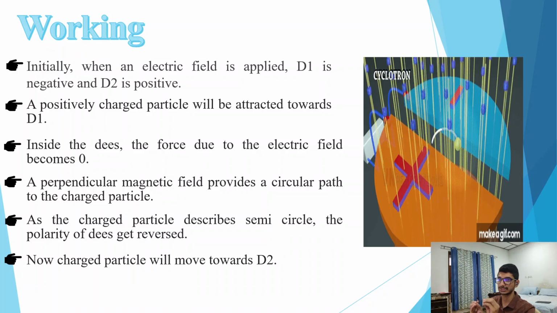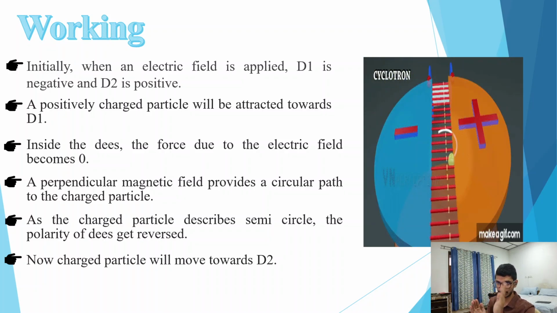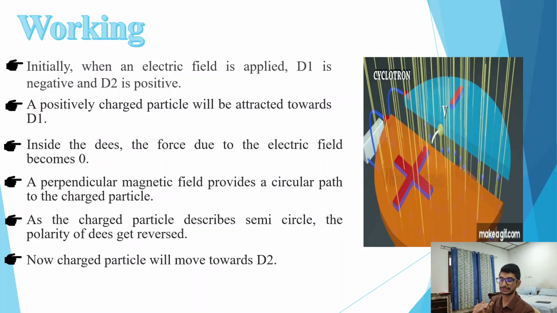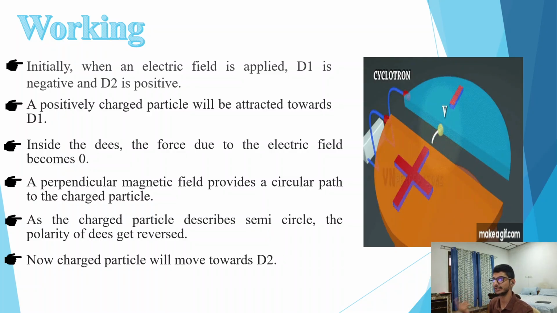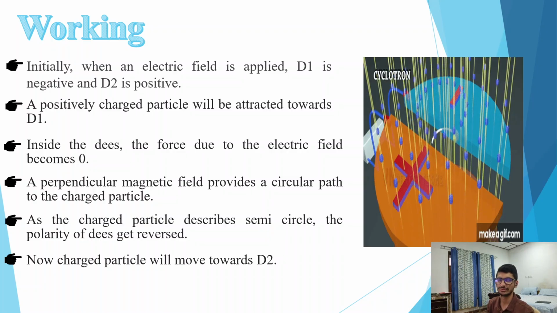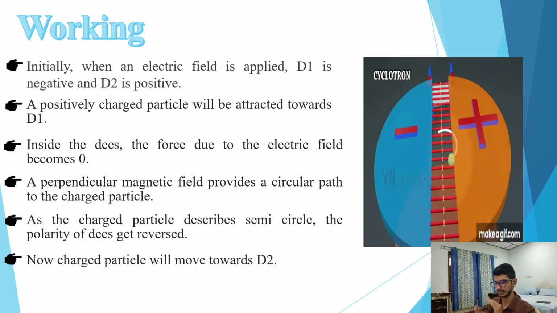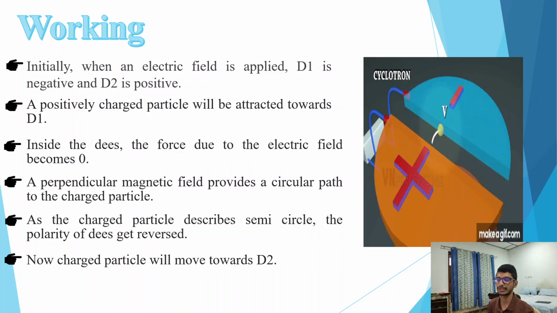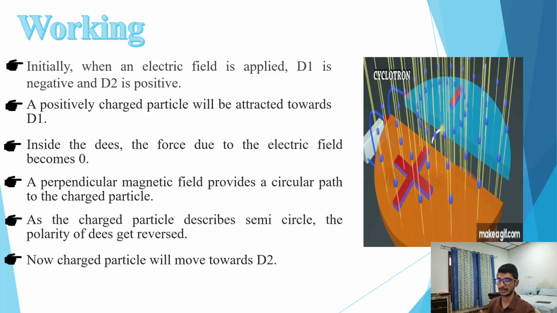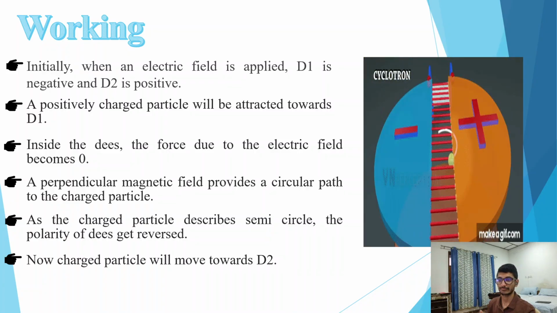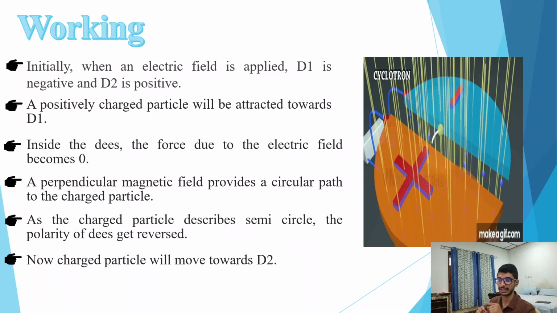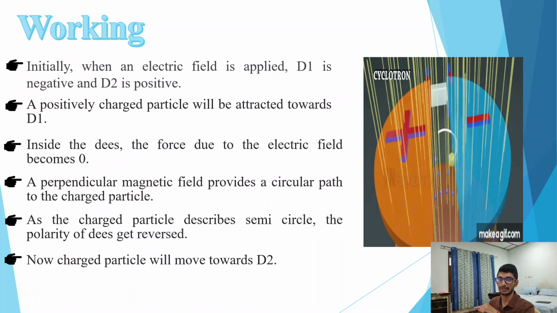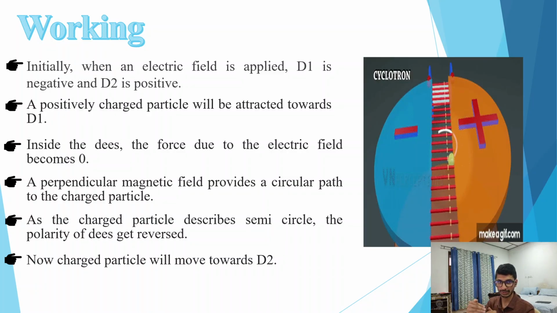When the positively charged particle describes the semicircle, D2 is now negatively charged, so it will get attracted toward D2, and again in D2 what will happen? Electrostatic shielding will happen, and then after that the magnetic field which is applied perpendicular to these Ds will give the circular orbit.